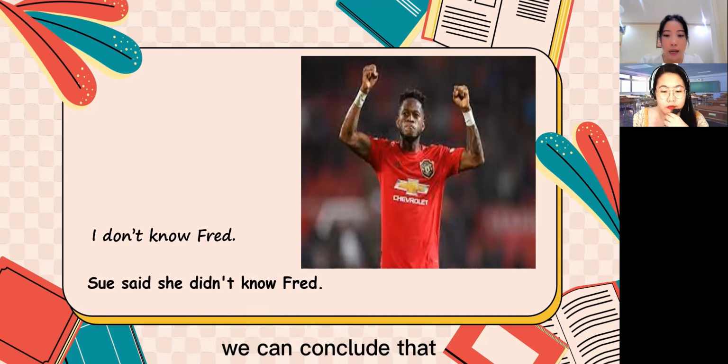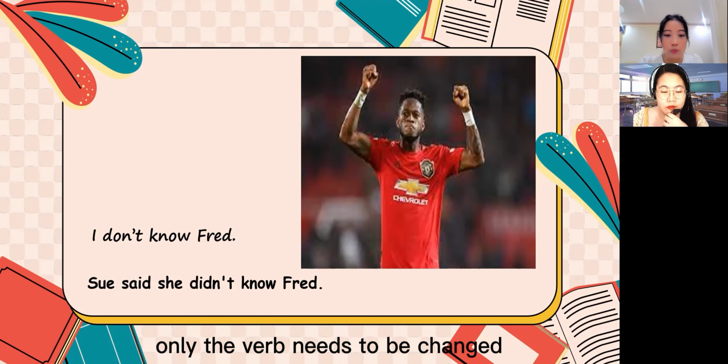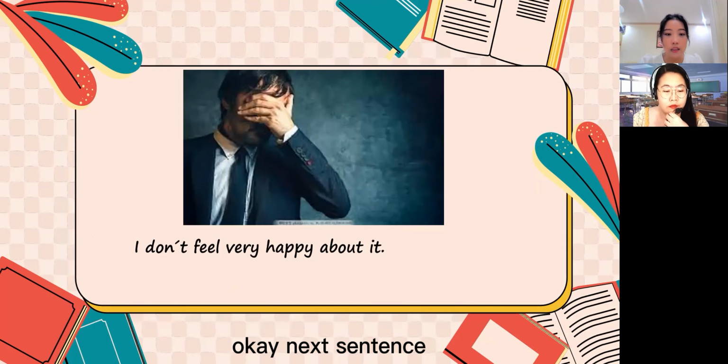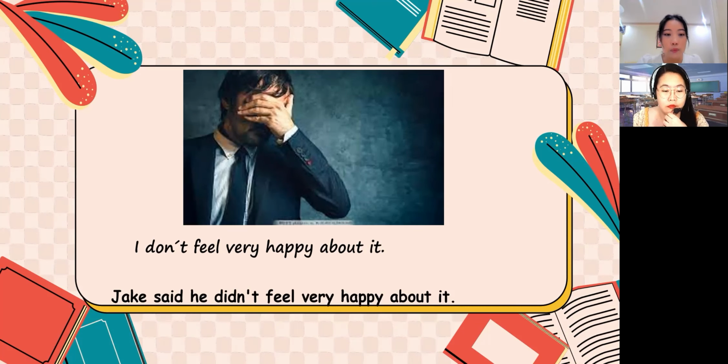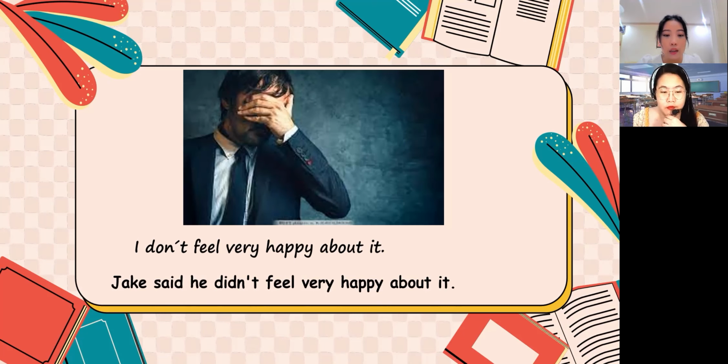We can conclude that when we use the negative sentence in reported speech, only the verb needs to be changed. Okay, next sentence. I don't feel very happy about it. Here, we need to change the verb. So this sentence becomes, Jack said he didn't feel very happy about it.